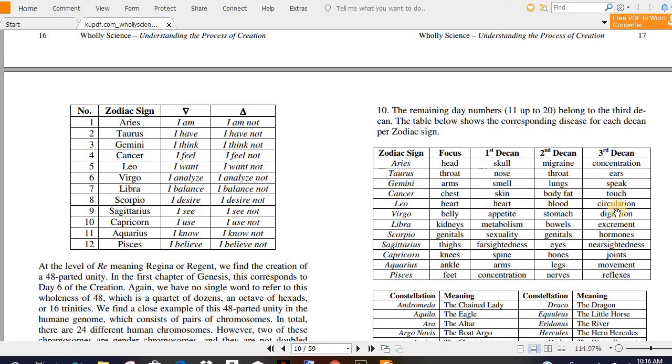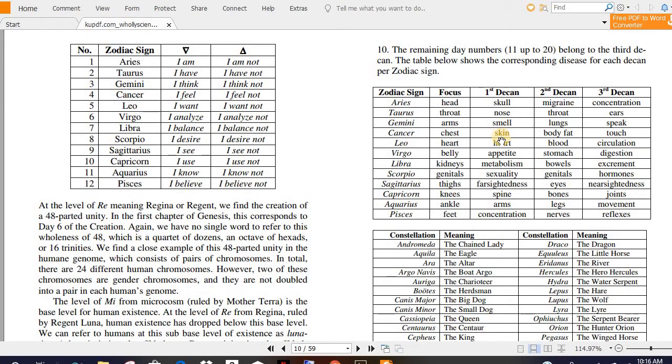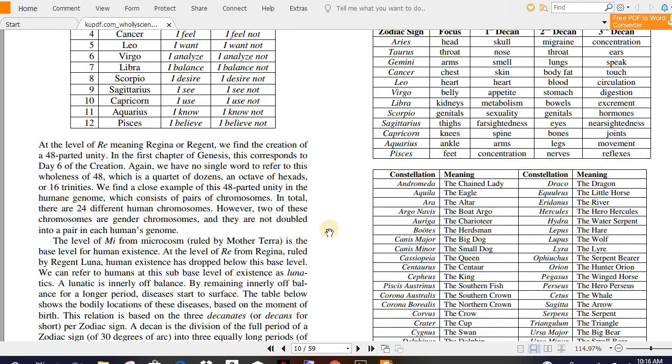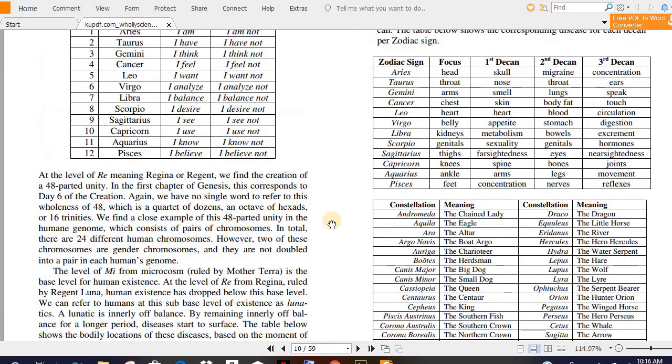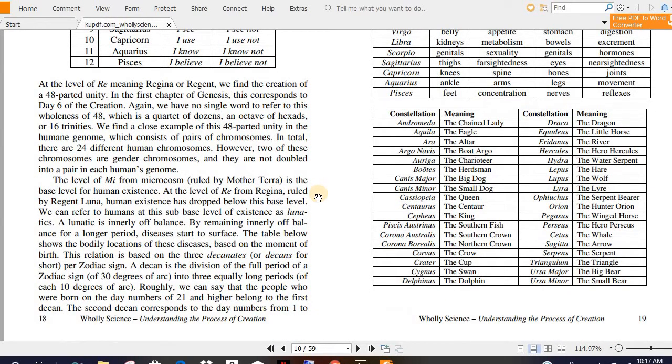Touch. I don't know what touch would be. Maybe losing some sense of some kind. I'm still stuck on the skin disease or disorder. Eczema. That's it. All my kids and me have eczema. So yeah, that pretty much nails it on the line there.